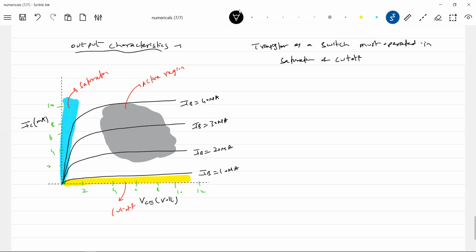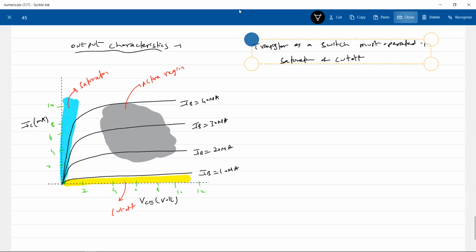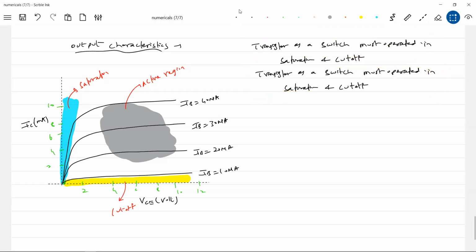Between, again, don't think of the active region. Even this data I'm writing is very important. They may ask you some small ideas like this also. A transistor as an amplifier must be operated in the active region.